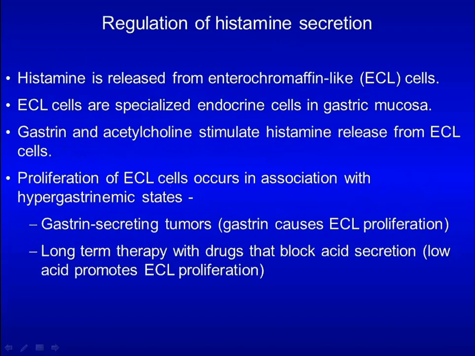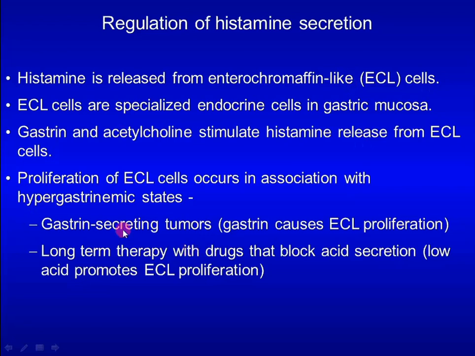Histamine is released from enterochromaffin-like cells, or ECL cells. Gastrin and acetylcholine stimulate histamine release from ECL cells. Proliferation of ECL cells is often associated with hypergastrinemia. It could be because of gastrin-secreting tumors.